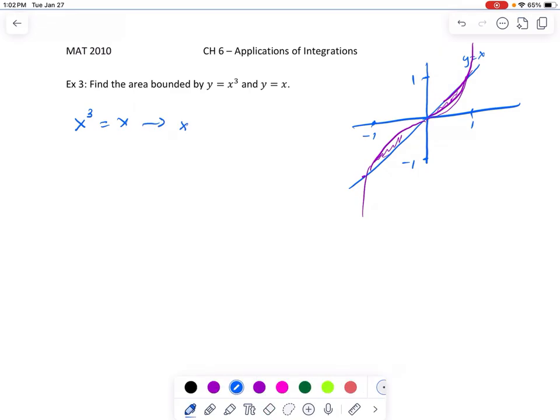And now we should factor x into x square minus 1 is equal to 0, so x into x minus 1 into x plus 1 equal to 0, which gives me x is equal to 0, x is equal to 1, and x is equal to negative 1.